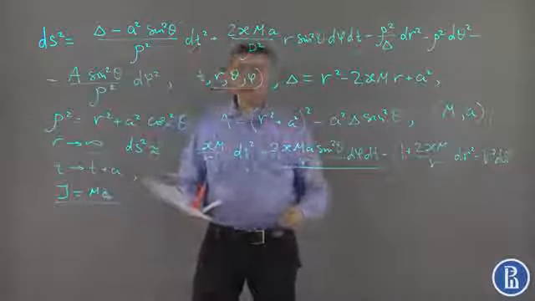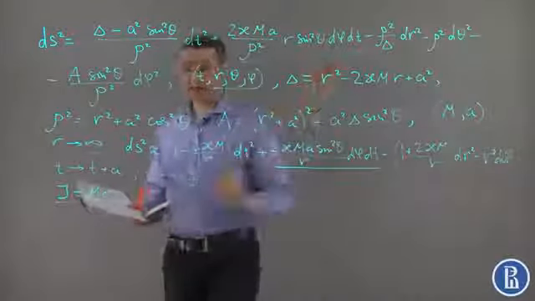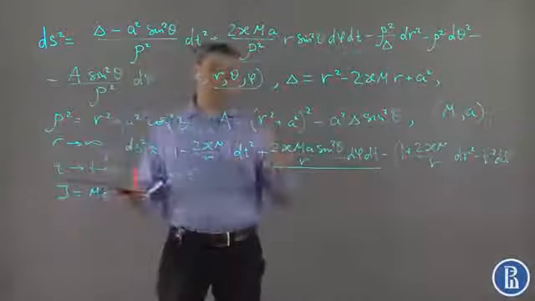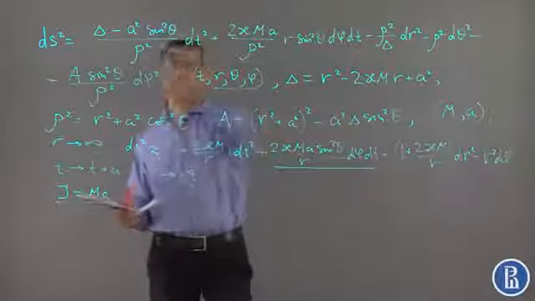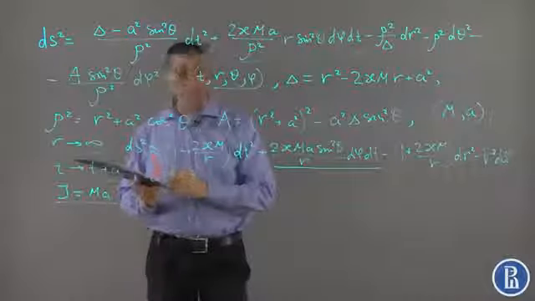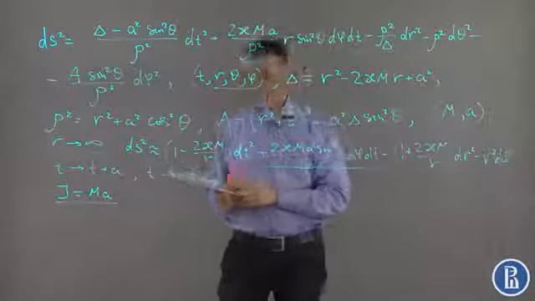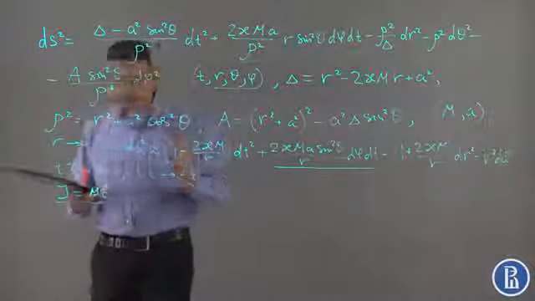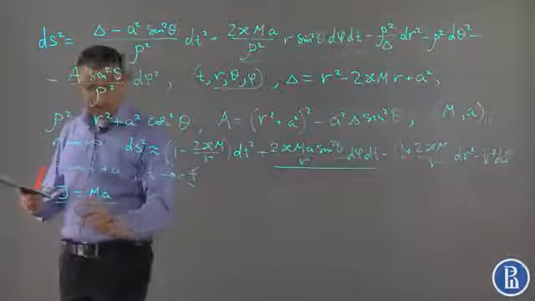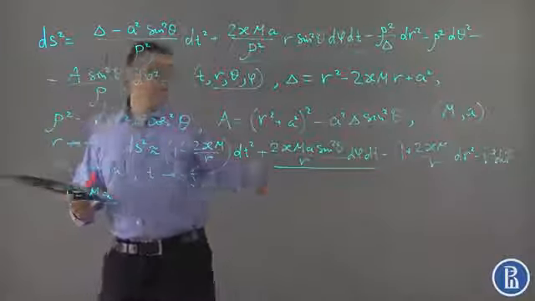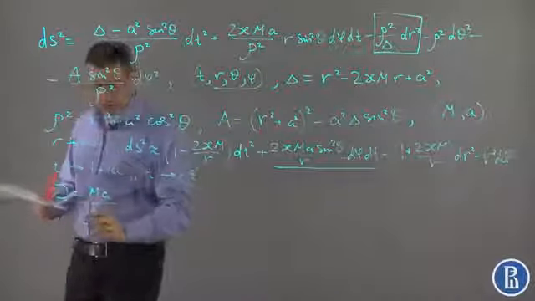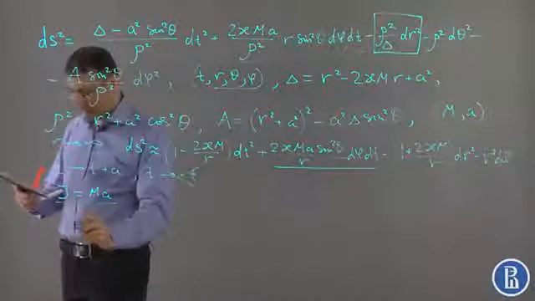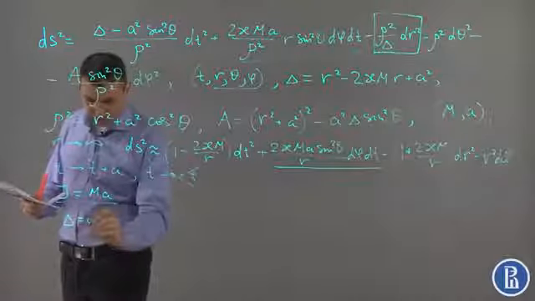Now, let us see whether this metric has any horizons or not. First of all, to do that explicitly, one of course has to draw a Penrose-Carter diagram for this metric, but that also goes beyond the scope of the present lecture. So we vaguely give an idea of what is going on. One can see that this part of the metric, similarly to the Schwarzschild case, blows up when delta is equal to 0.